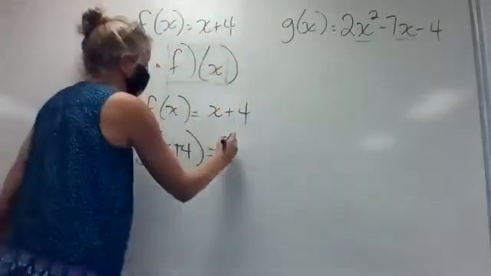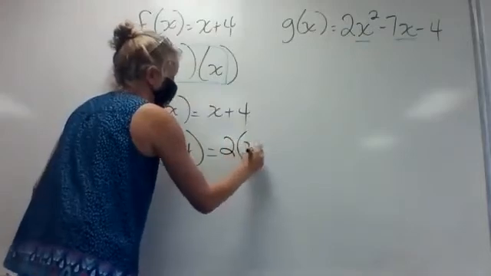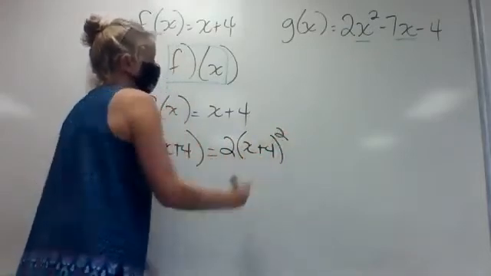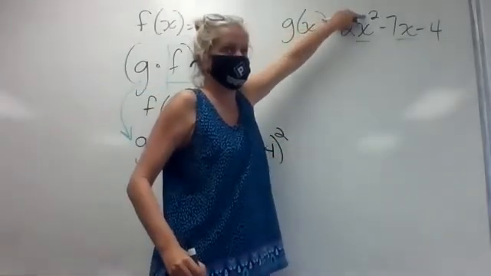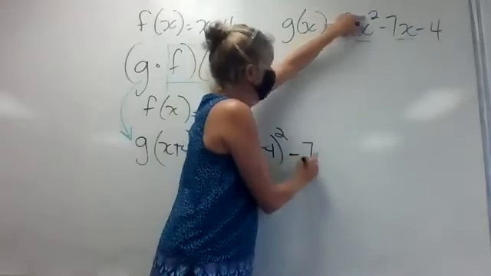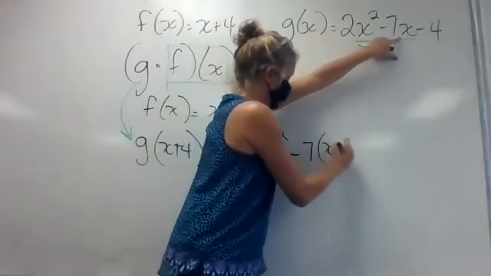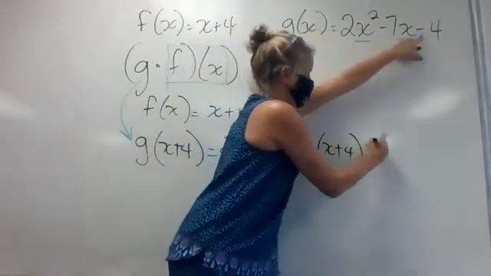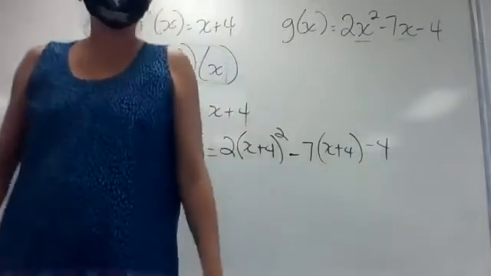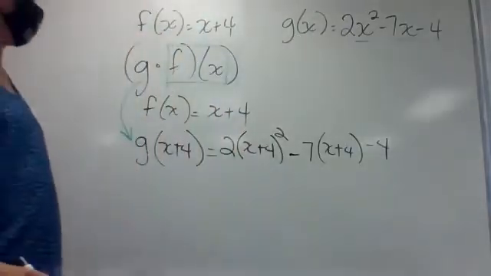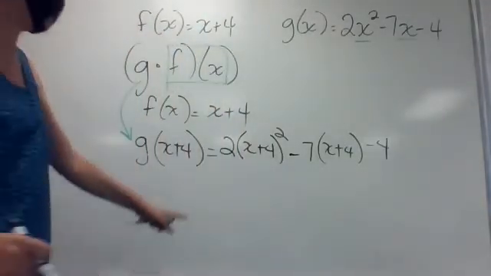So I have 2. Instead of x, I have x plus 4 squared, minus 7. Instead of x, x plus 4, minus 4.